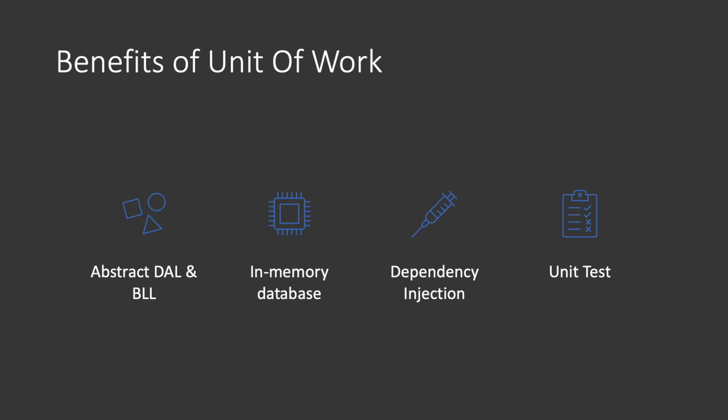So for example, when we're trying to add a lot of users to the database, let's say we have 1,000 users. Instead of actually opening 1,000 connections to the database every time we want to save a user, and having 1,000 calls and verifications that our user has been saved correctly, what we can do within the unit of work is save those 1,000 users into memory.